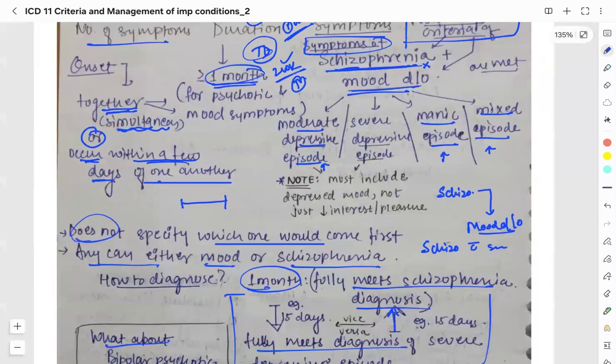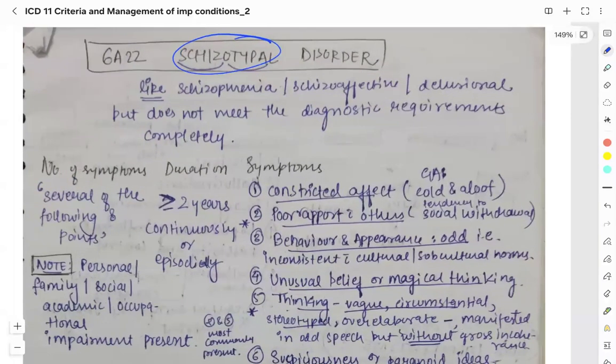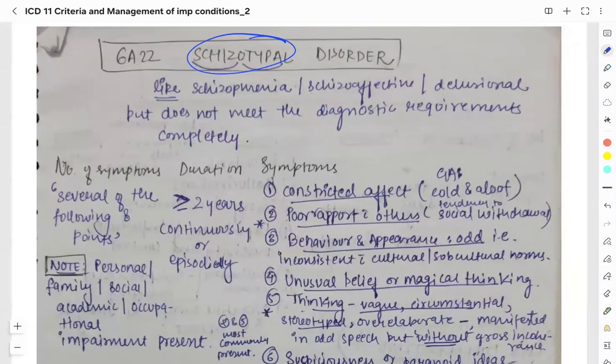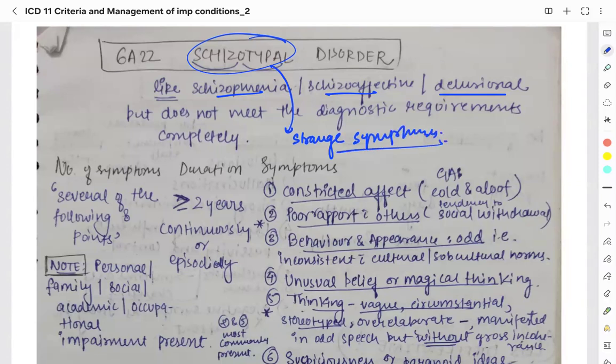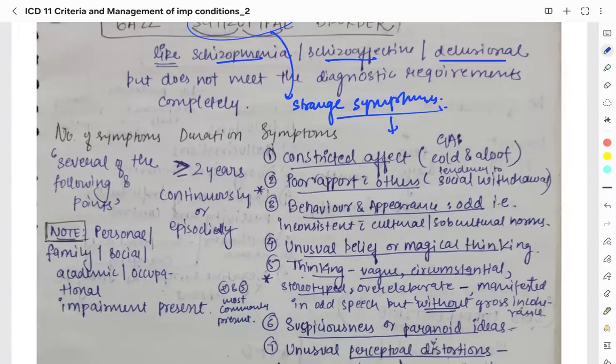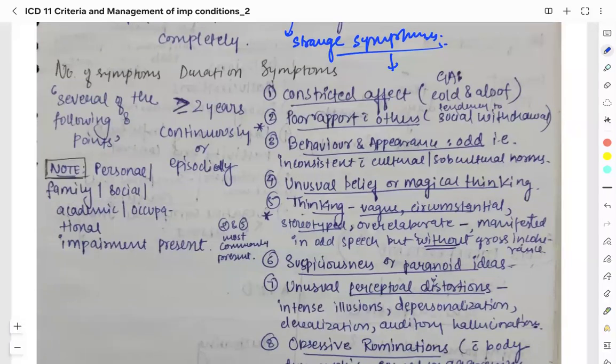When you're not able to fit a person in any of these criteria, that is schizophrenia, schizoaffective, delusional disorder, and you find that there are some strange symptoms present in the patient, and we will discuss what these symptoms are, then we fit them into schizotypal disorder. Now let's just see what it is about.